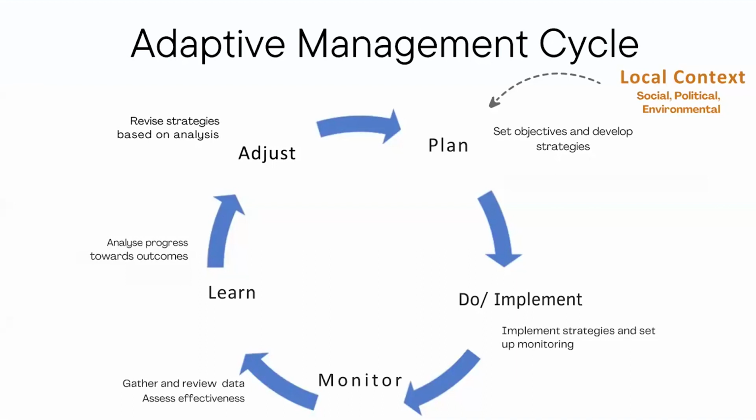And it includes things like laws and policies or socioeconomic conditions or environmental trends. These aren't necessarily things you can manage directly. You're not going to create new laws as a protected area manager, but they can influence how you manage the site. So they need to be considered throughout this cycle that you go through.